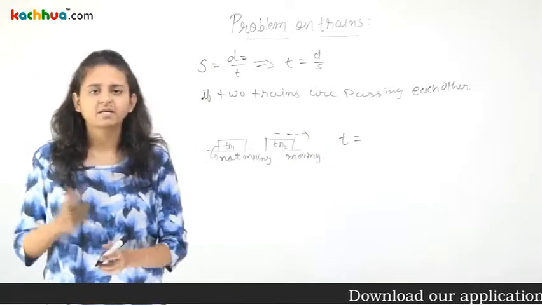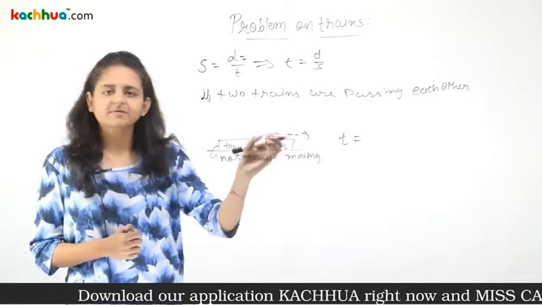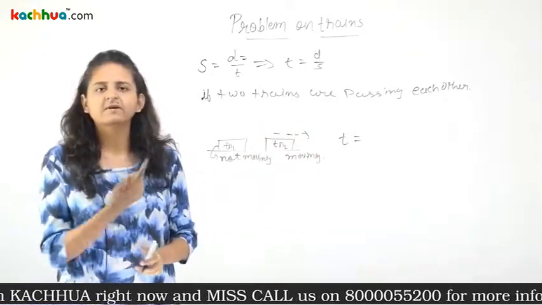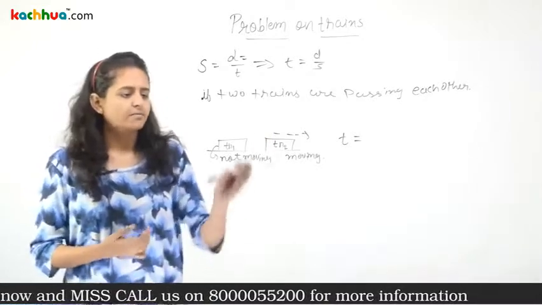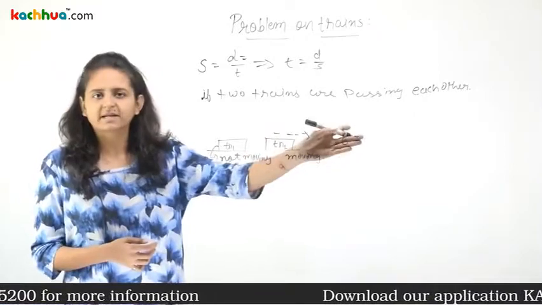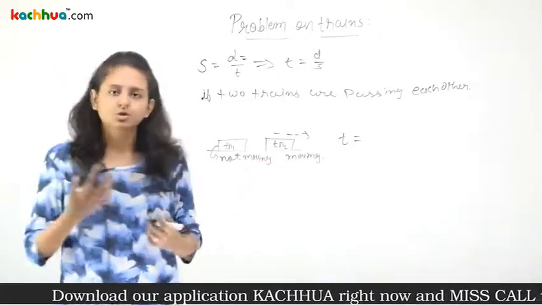If the train is in this direction, we will count only the length of train. Why? Because this train is over here and this train is moving in that direction. There is no relation between train 1 and train 2.